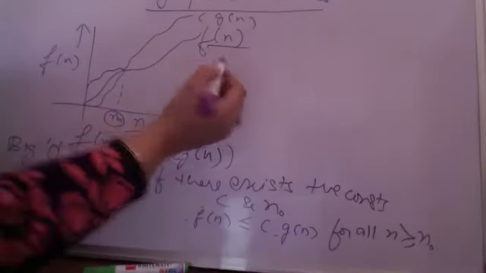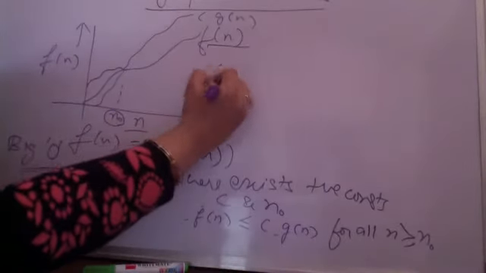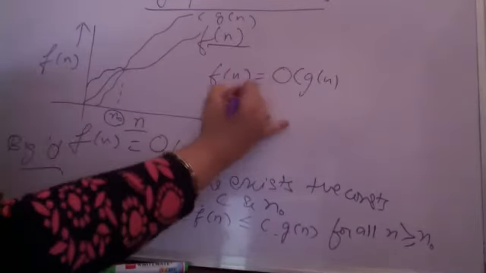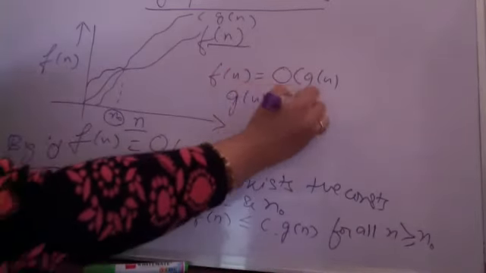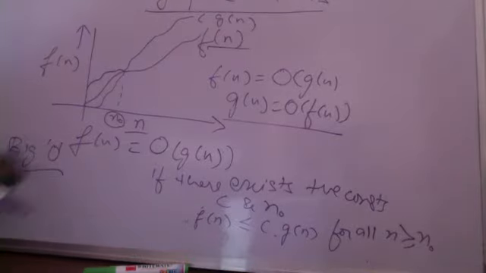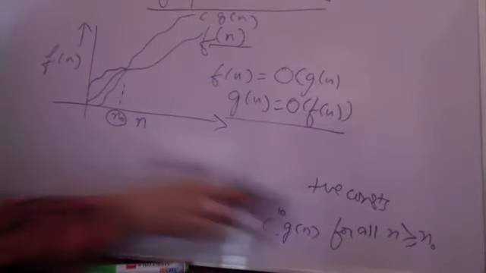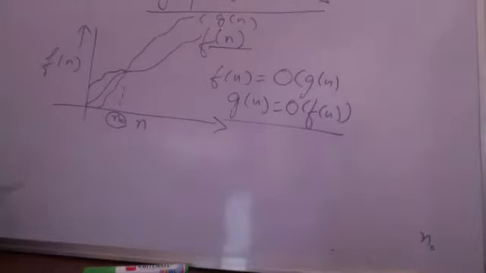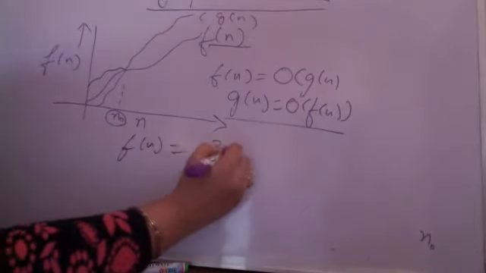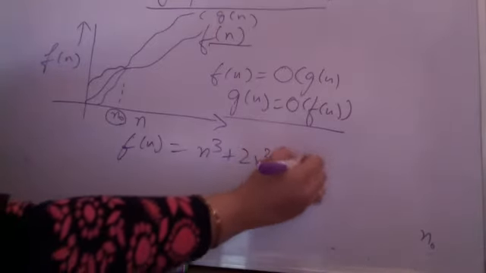And in the case of big O notation, you will know that if f of n is upper bounded by g of n, then g of n is also upper bounded by f of n for some other positive constant. Always remember this. What do I mean by this? I am saying that f of n is some function, say n cube plus 2n square plus 16.